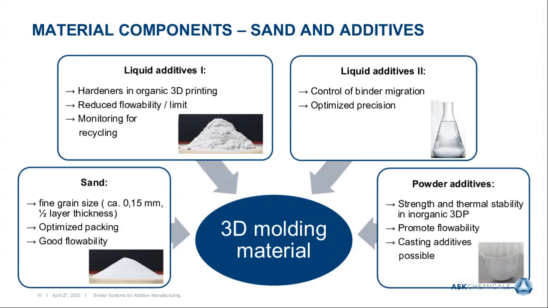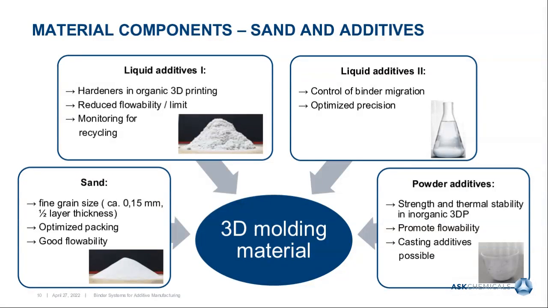Looking at the molding material that can be used, starting in the bottom left of the sheet, the sand is mostly very fine sand in terms of casting, or coarse sand. So we're talking an average particle size of about 150 microns.